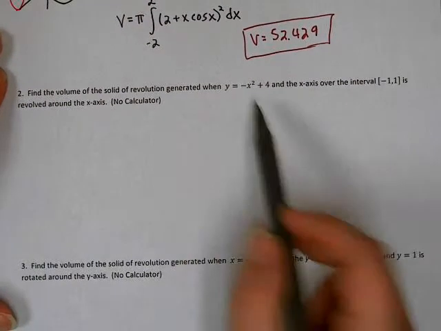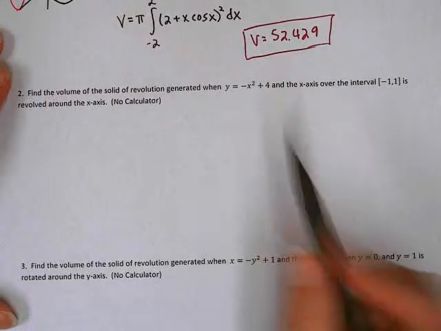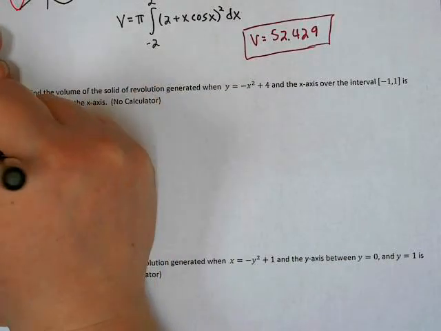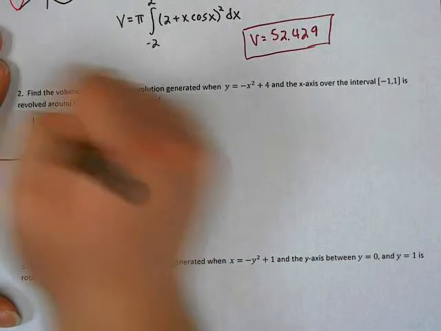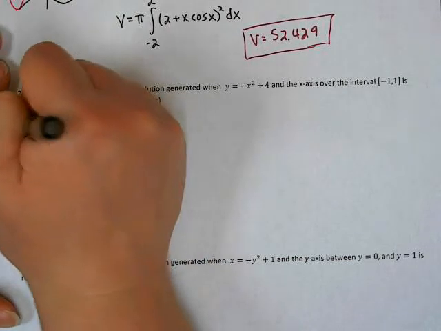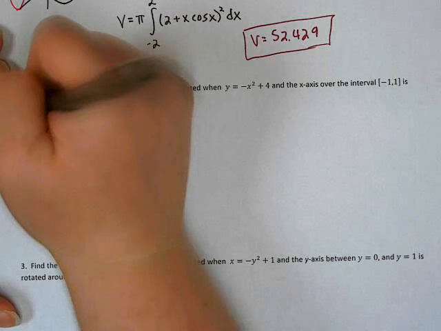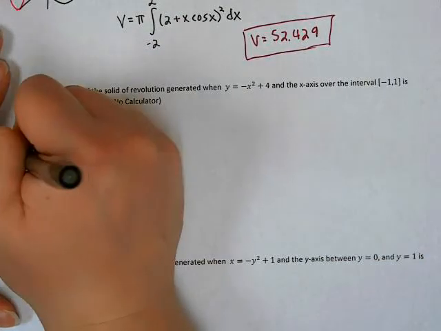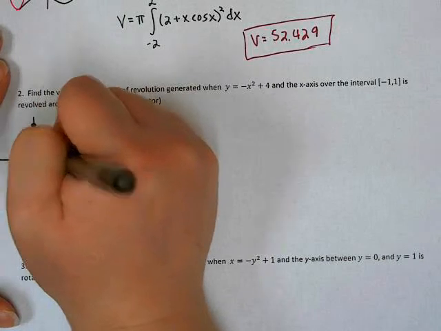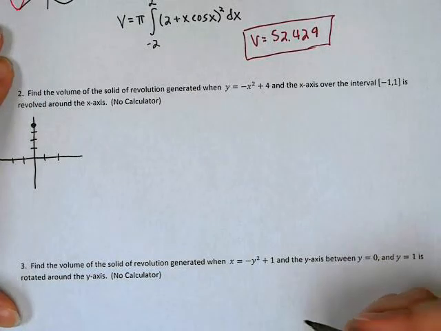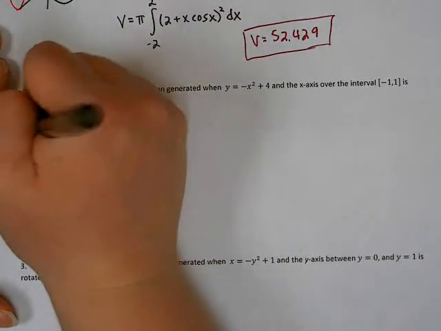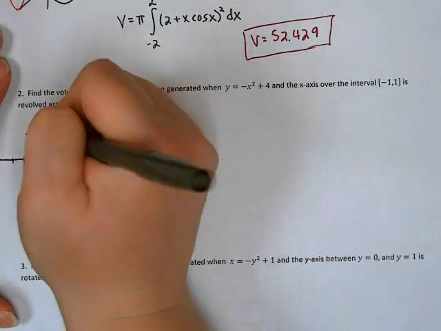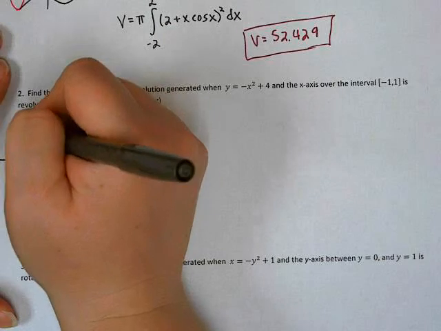So let's go ahead and draw, we know that this is a parabola. So let's go here. We know that it is up at 4 and that this parabola is going to open down. So I'm going to go here to here. And let's see, if I go over 1, down 1, over 1, down 1, and then I'm going to go over 2 and down 4.